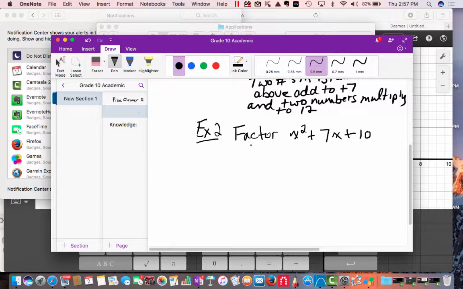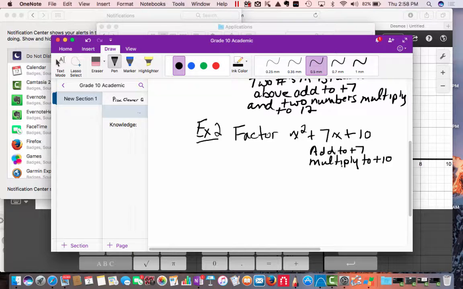In the next expression, we're going to try to factor x squared plus 7x plus 10. What we learned from the previous example was we're looking for two numbers that add to 7 and multiply to the constant at the end, plus 10.